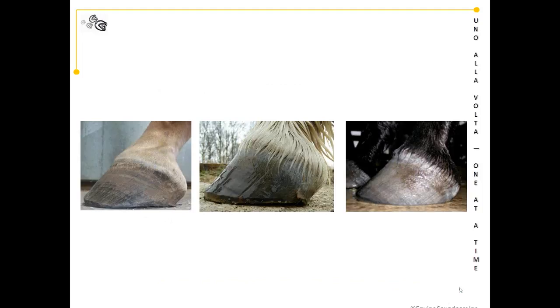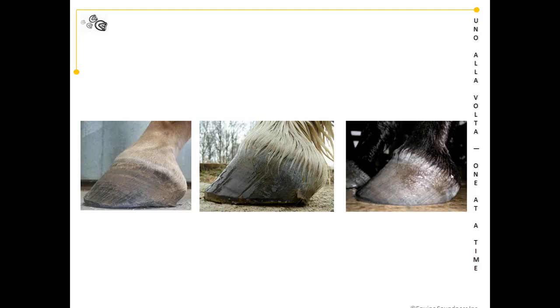And here we have three different types of hoofs. The front one being fairly unhealthy, with a dipping hairline in the front and not enough toe height. This is a quarter horse. Then the middle is a Haflinger with a fairly good-looking hoof altogether.